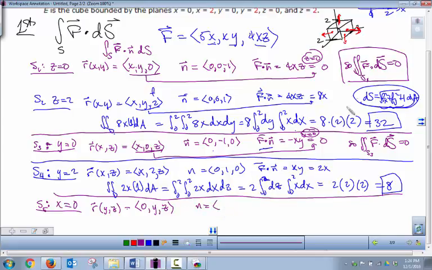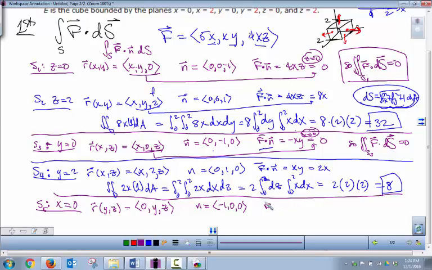If x is equal to 0, that is the back of the box, and the normal vector is pointing backward. So that would be a negative 1, 0, 0 for your normal vector.